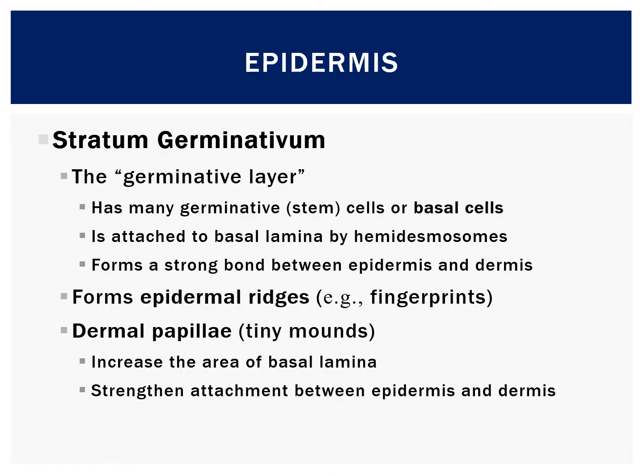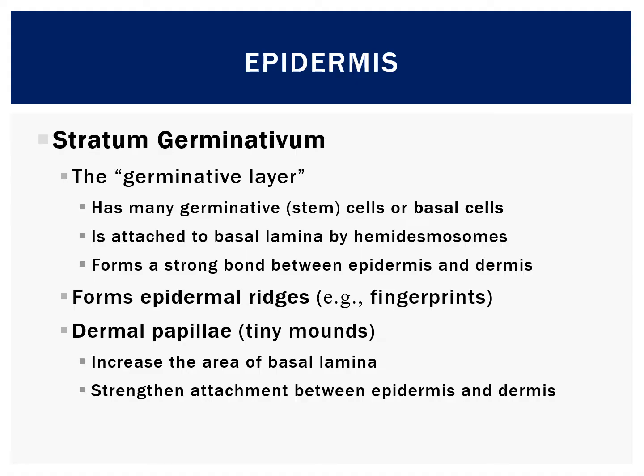First, stratum germinativum or stratum basale. The word germinativum comes from germinative cells, meaning stem cells. This layer is attached to the basal lamina by a cell junction called hemidesmosome. Remember the cell junctions I mentioned yesterday, desmosome and hemidesmosome?